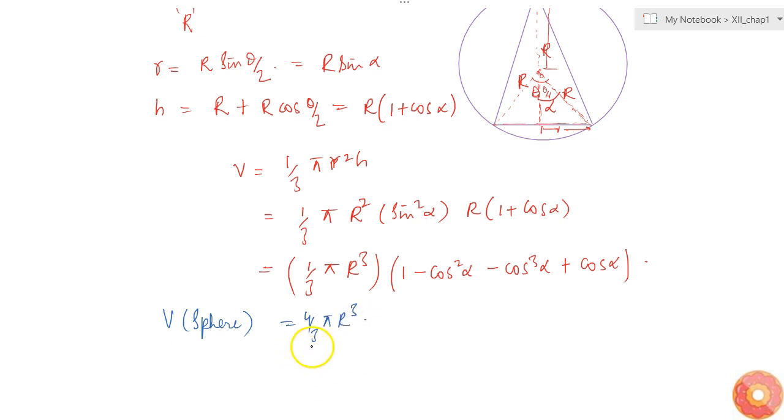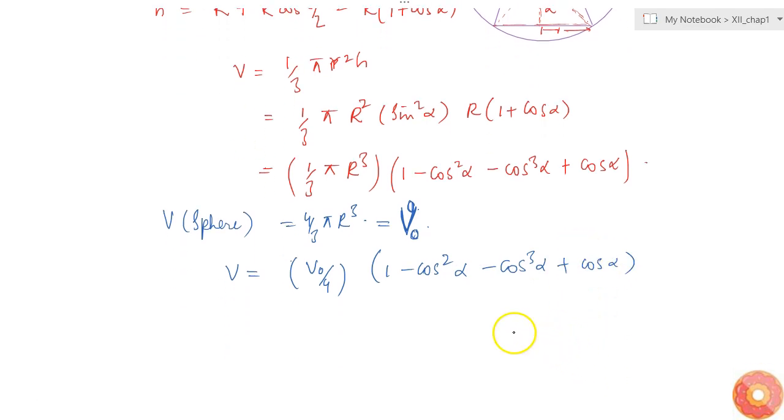This thing put aside, if we say this is equal to some capital V naught, then the above volume of cone will become V naught by 4 into 1 minus cos square alpha minus cos cube alpha plus cos alpha.